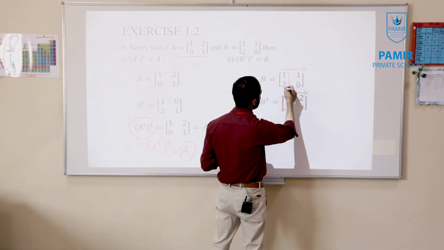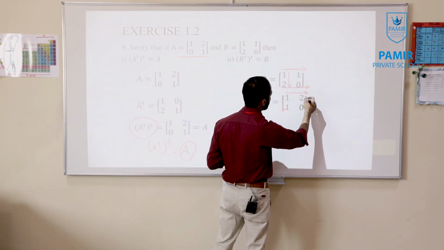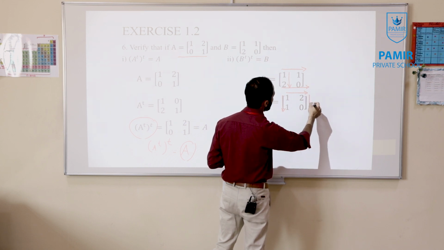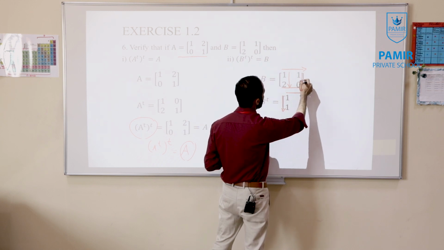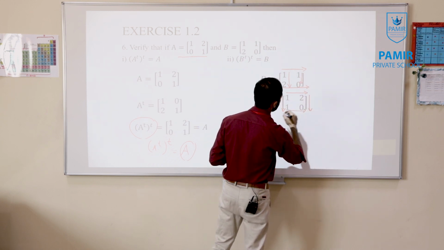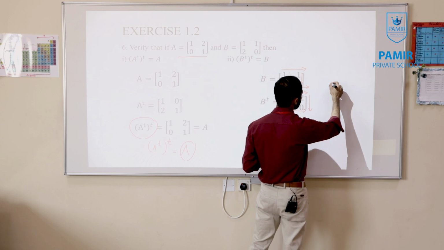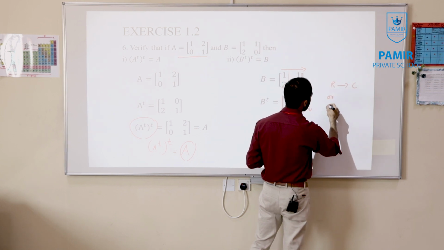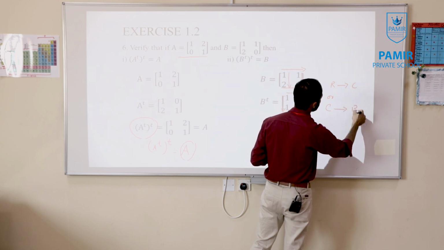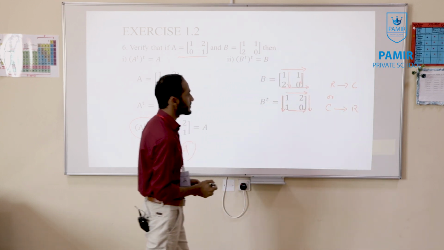Now see here, the second row we have 2 0. If we write it in column form, we will get the same as if we take this column into row form. So in both ways, either we change rows into columns or columns into rows, we get the same result.